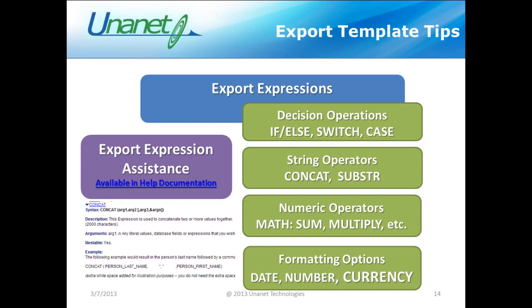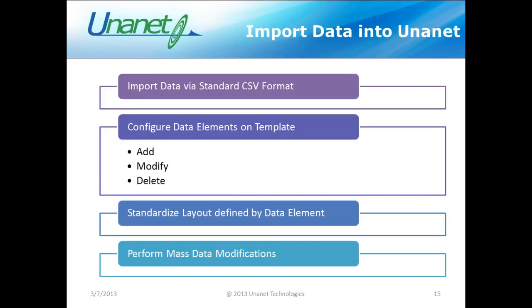So that's the basic setup for an export. Let's talk about the import side a little bit. When you're thinking about bringing data into your Unanet system, you'll want to think about how you can format that data to import into Unanet. All of the imports coming into the Unanet database are facilitated through a standard CSV, comma separated value, file format.